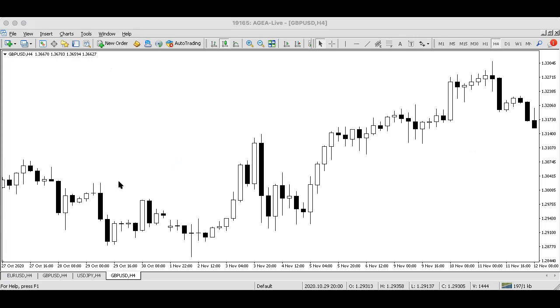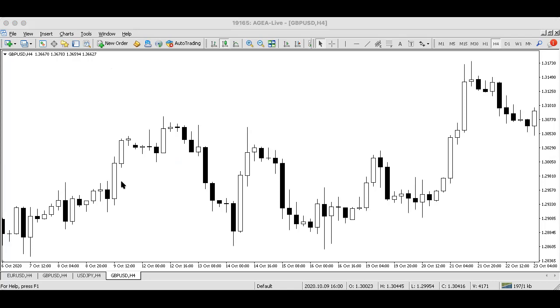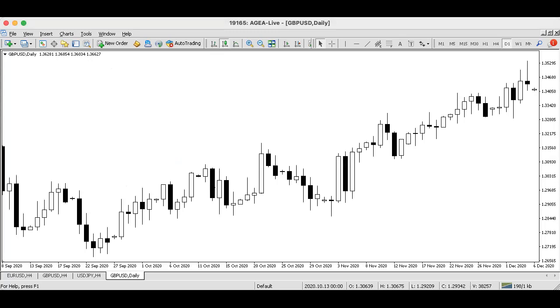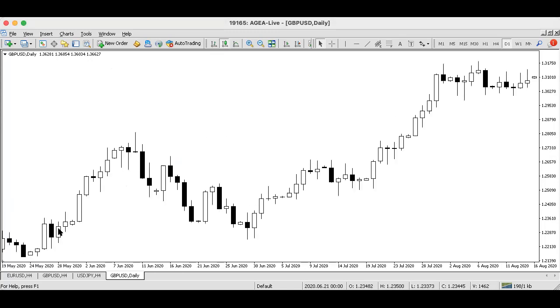Now the second one is, irrespective of the time frame, you go to the higher time frame and see where the big candles are. When I say big candles, I mean really big candles, candles that move beyond more than one candle.